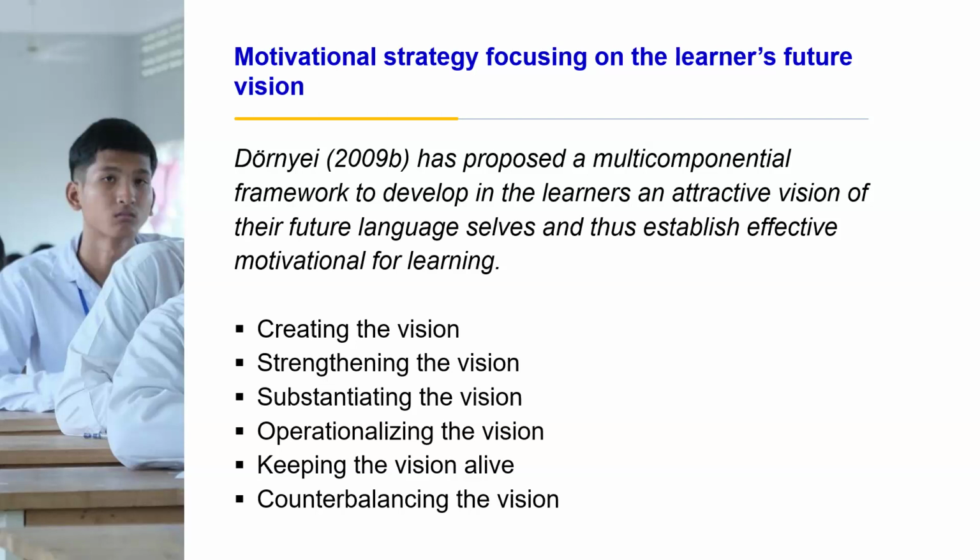work. And the next one is about counterbalancing the vision. In counterbalancing the vision, it mentions that in a classroom, we may have an activity that students really want to enjoy doing, and also another activity that students do not want to join or participate in.